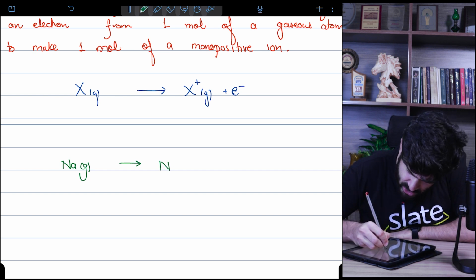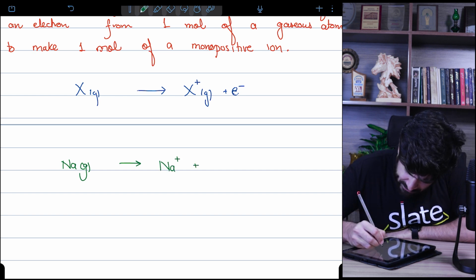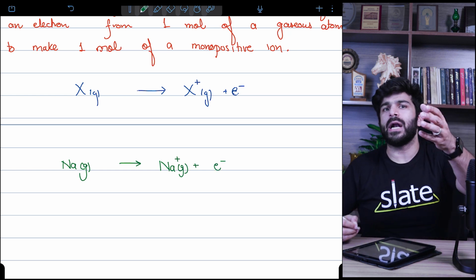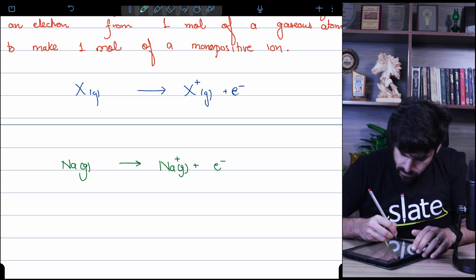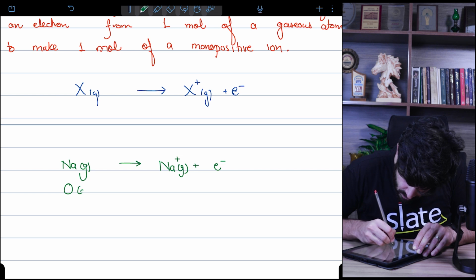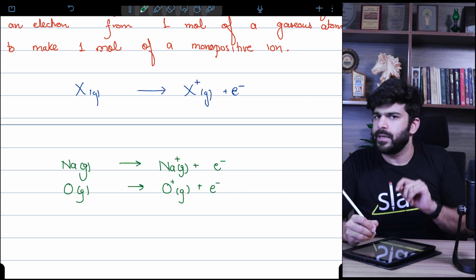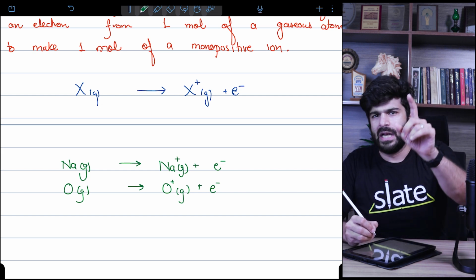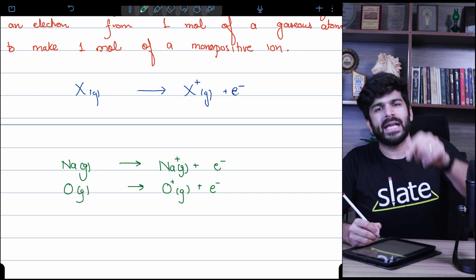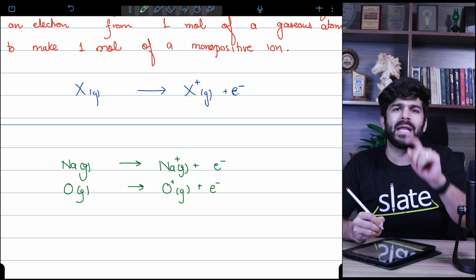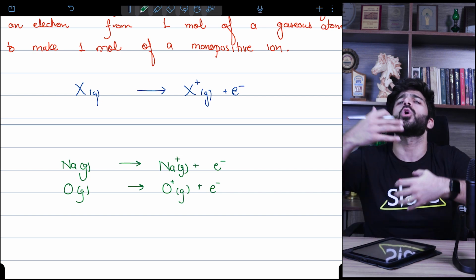And that would make it sodium positive plus electron. Even I can do that with oxygen, for instance. Although we know that oxygen makes an anion. Let me show you something else. I can even remove an electron from a noble gas, but obviously I would need a lot of energy.